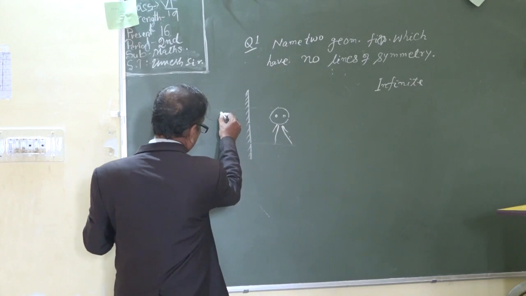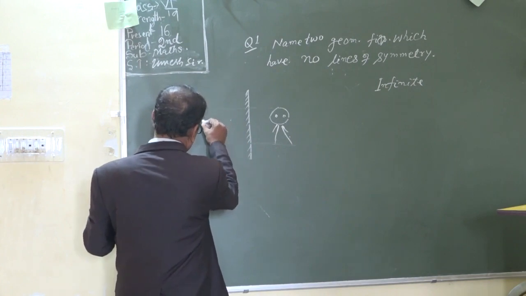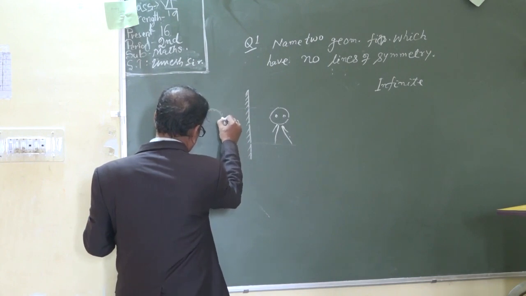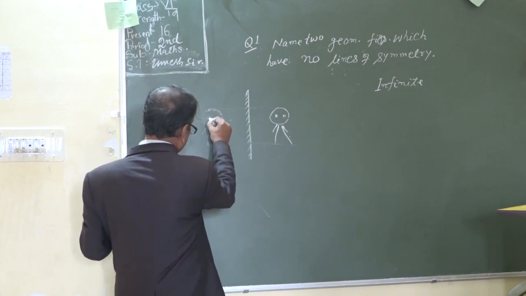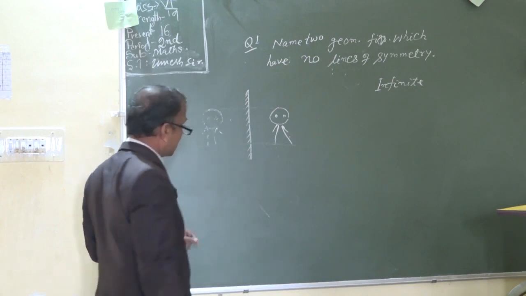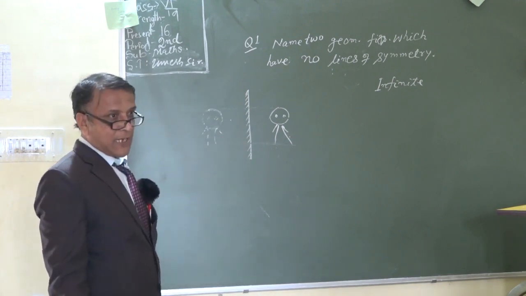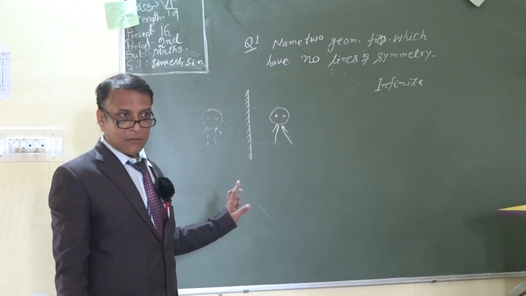So here what will be the image? Here the image will be like this. Like this the image will be there. So for the object, the image will be there.